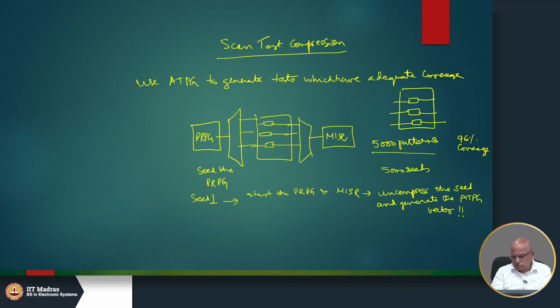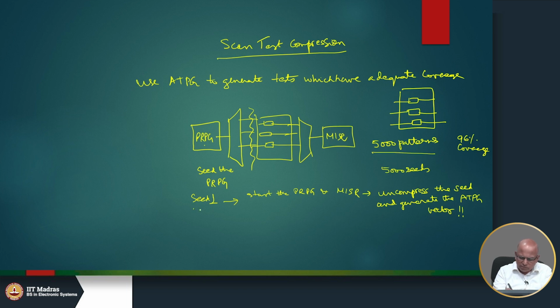Okay. So this is an amazing thing. Okay, we will figure out what seed, when placed in this PRPG and when the PRPG is operated, will magically produce the same test vector which was generated by the ATPG. What is the advantage?